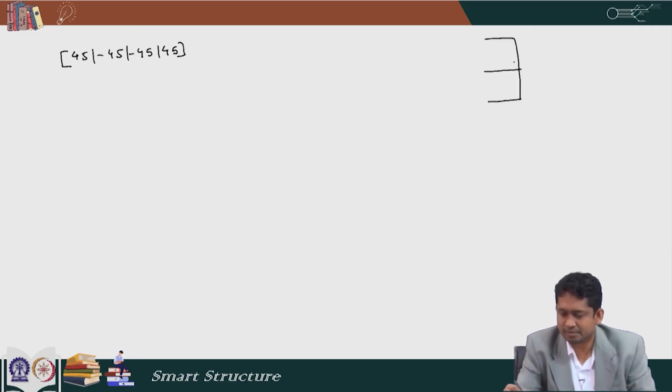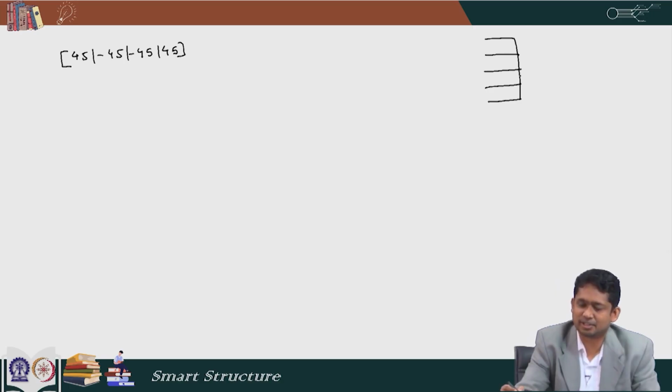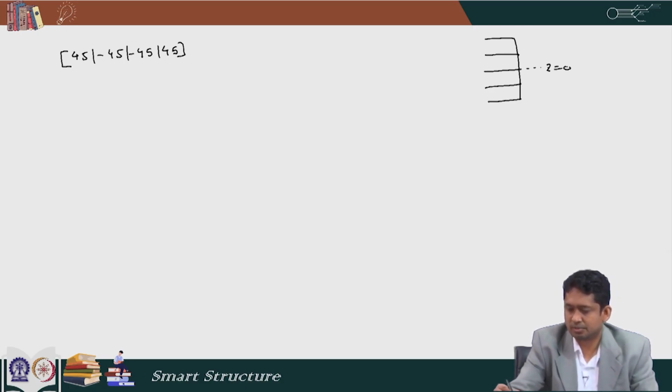There are 4 layers and let us assume that each layer has a thickness of 0.5 millimeter. So, this is z equal to 0, this is z equal to minus 1, this is z equal to minus 0.5. So, all are in millimeter. This is z equal to 0.5 millimeter, this is z equal to 1 millimeter.